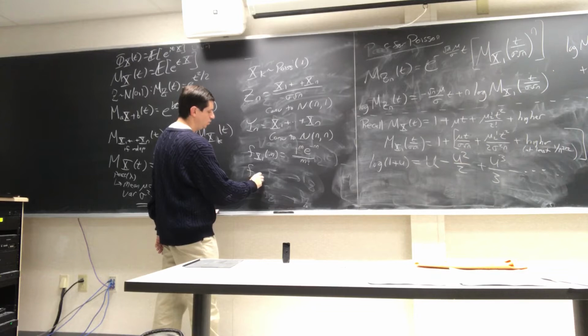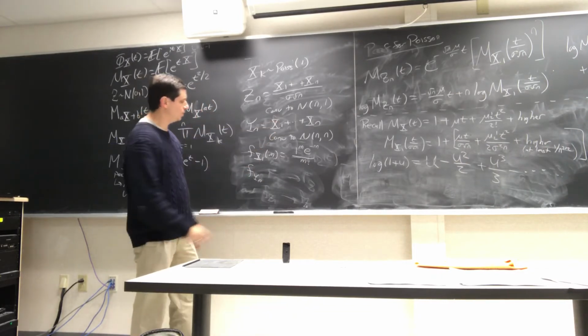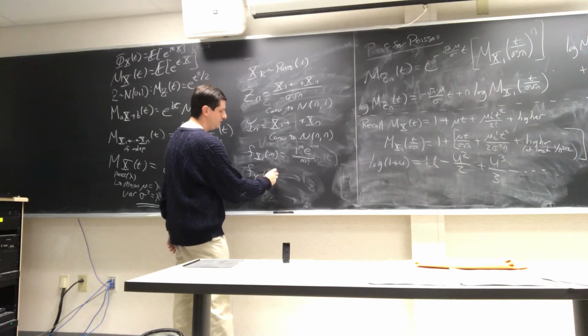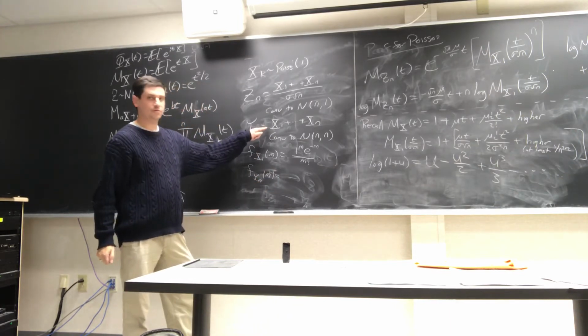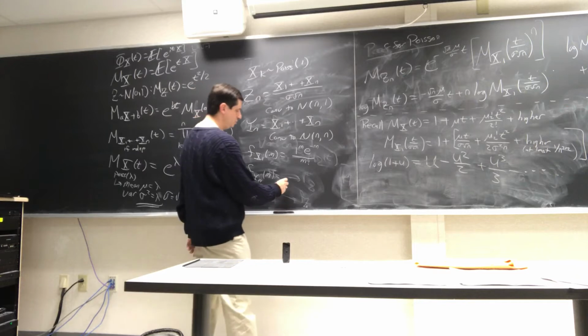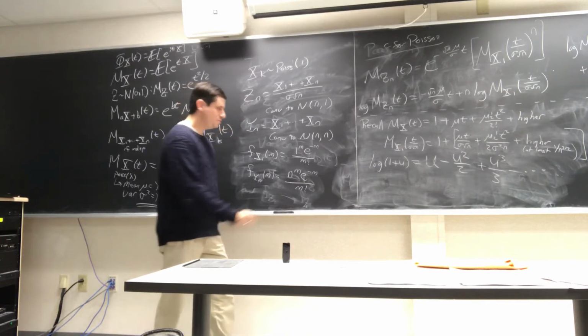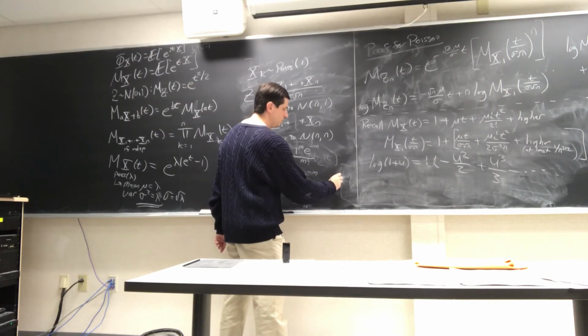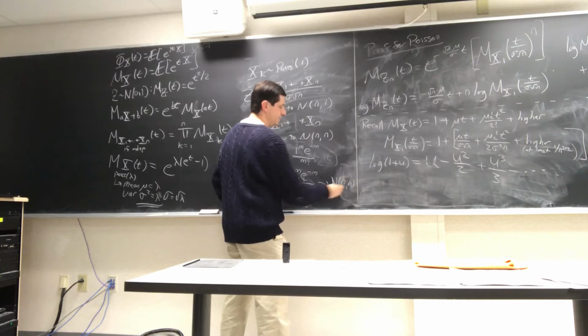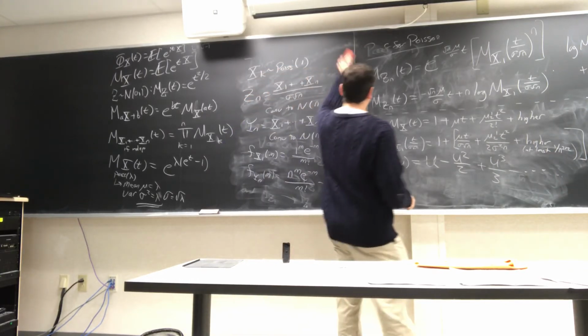Now if I do yn, this is the sum of the x1, so I think this is the one I want. This is a Poisson with parameter n. So this should be n to the m, e to the minus m over m factorial. And this should be converging to a normal with mean n and variance n.